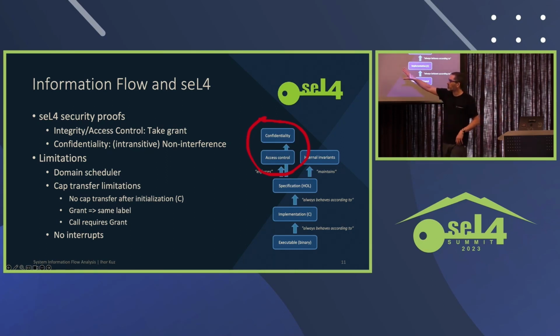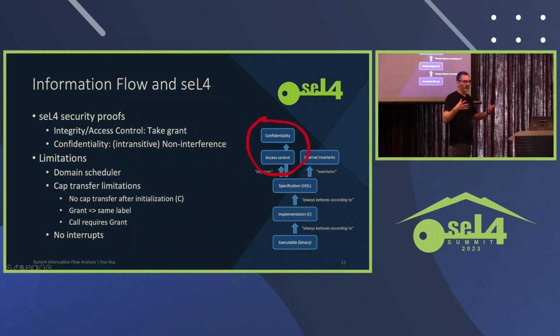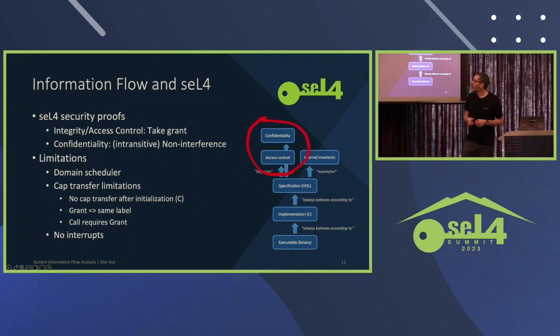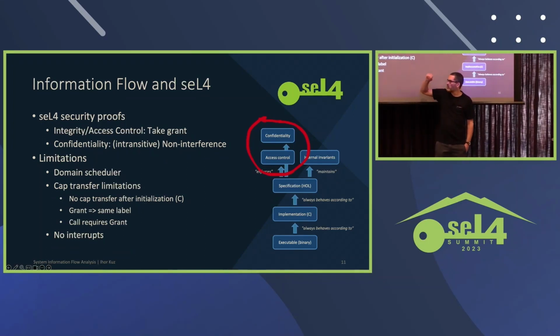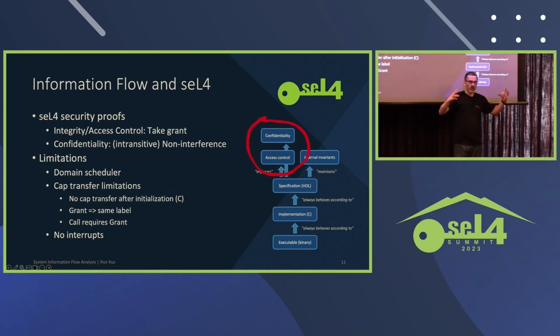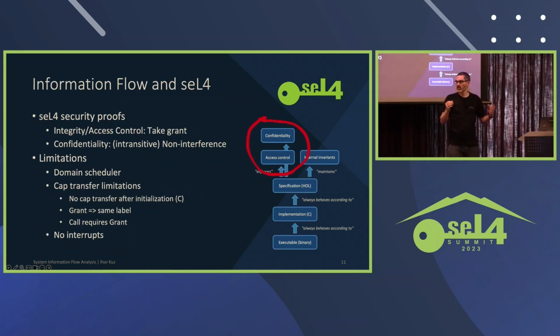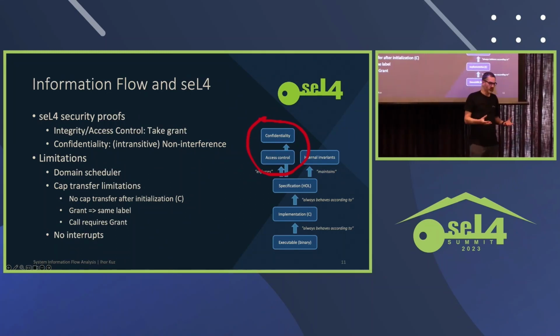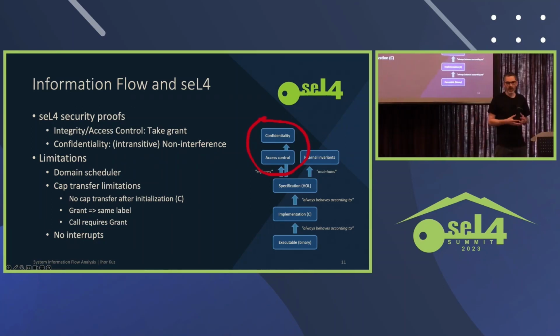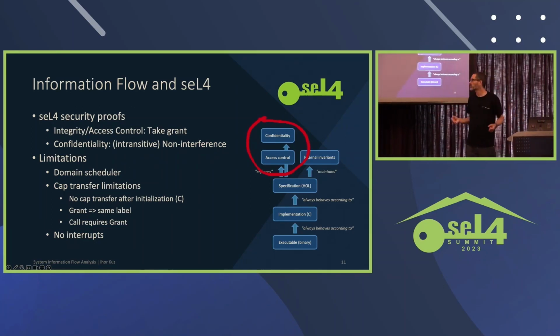There are limitations on capability transfers. After you initialize the system, you can't have any capability transfers in the system for the confidentiality results to hold. If you do have, for example, grant rights, then everything gets bundled up into the same domain with the same label. Also, if you use call, there's an implicit grant there, and so you're implicitly bundling stuff up.